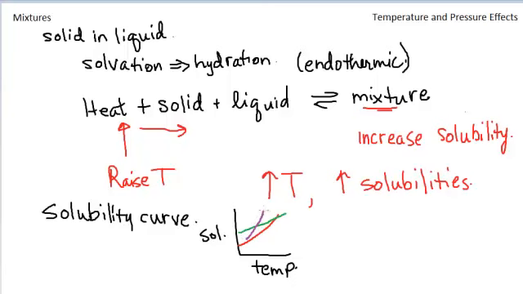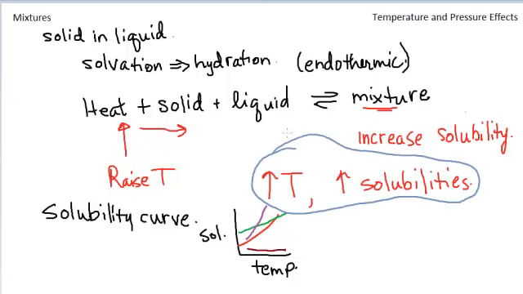You probably have a bunch of these pictures in your textbook, and every once in a while you will see a substance whose solubility actually decreases as the temperature goes up, or even stays flatlined. Again, this is typically determined experimentally, but in general, if you had to guess, you would guess that the solubility increases as the temperature increases when you're dissolving a solid in liquid.